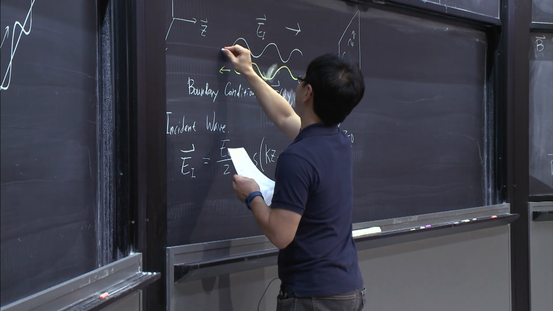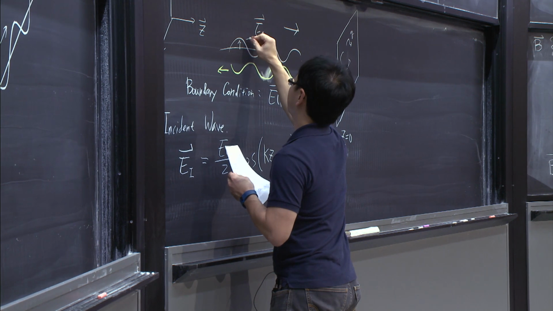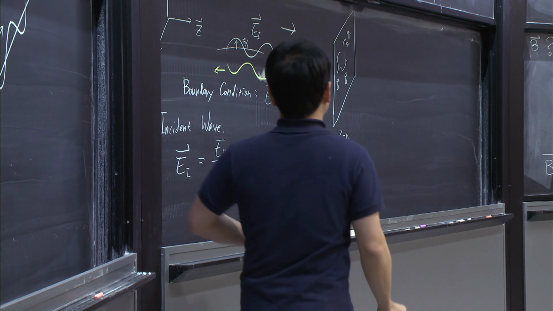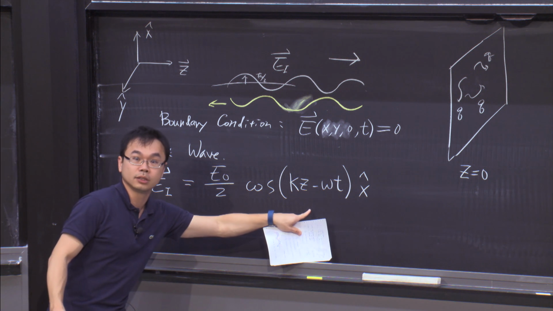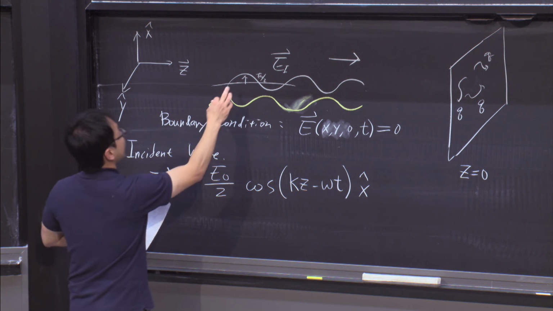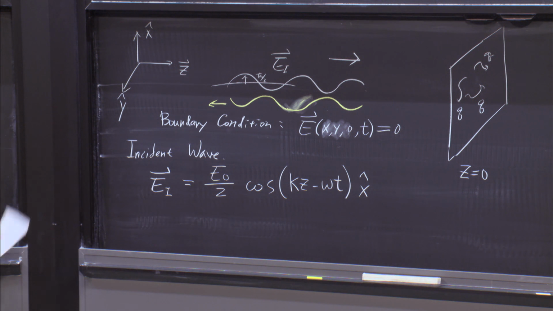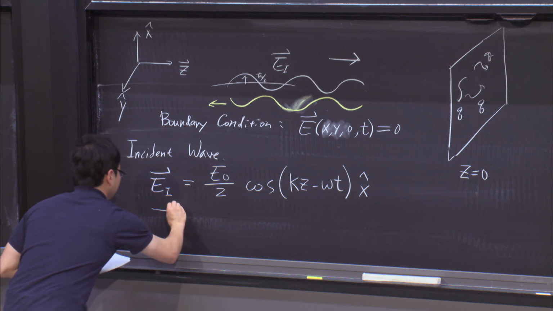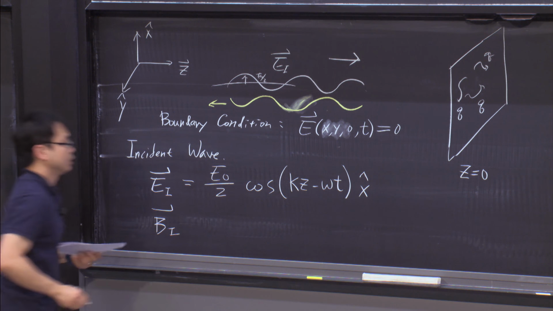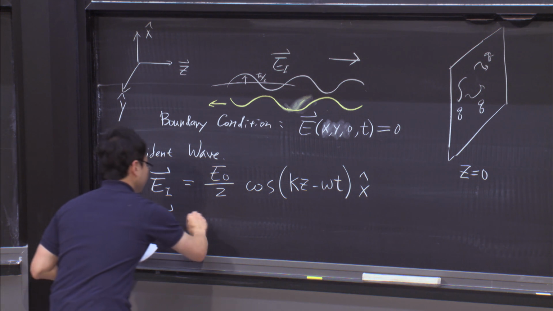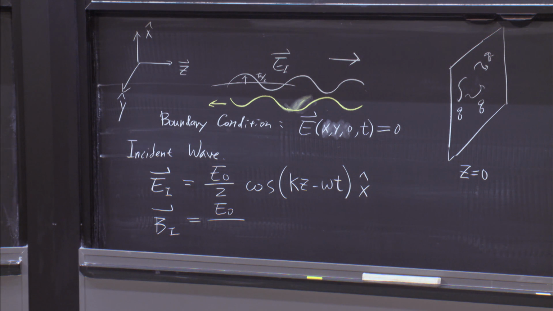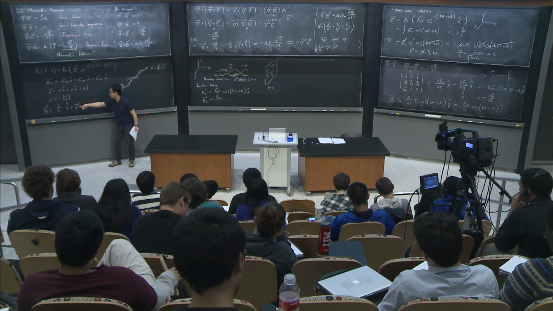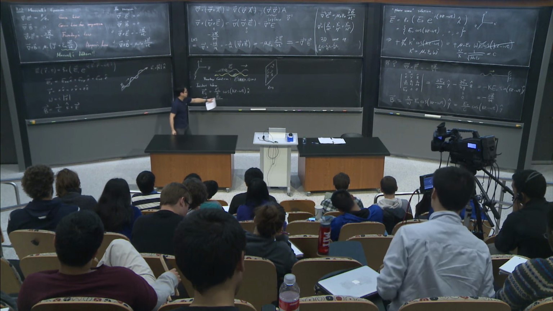This is actually what I put into the system. The magnitude is E0 over 2, and it's propagating toward the z direction, as you can see from here. And the direction of the electric field is in the x direction. Of course, the E field will have a corresponding magnetic field, which you can write down directly using this formula, B equal to 1 over c, k cross E. k here is z, right?